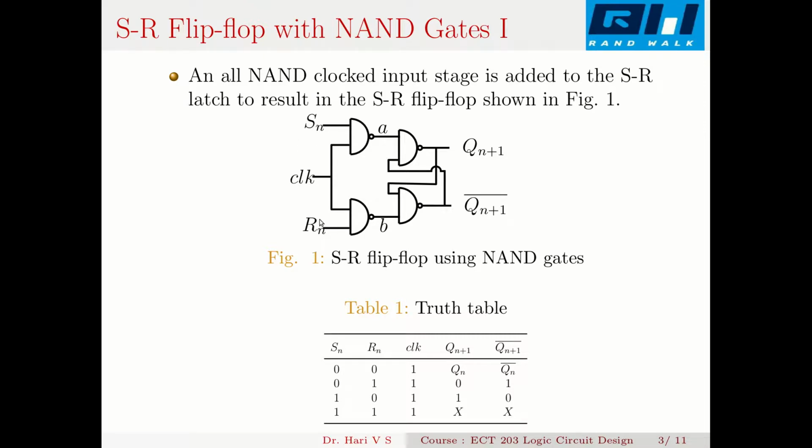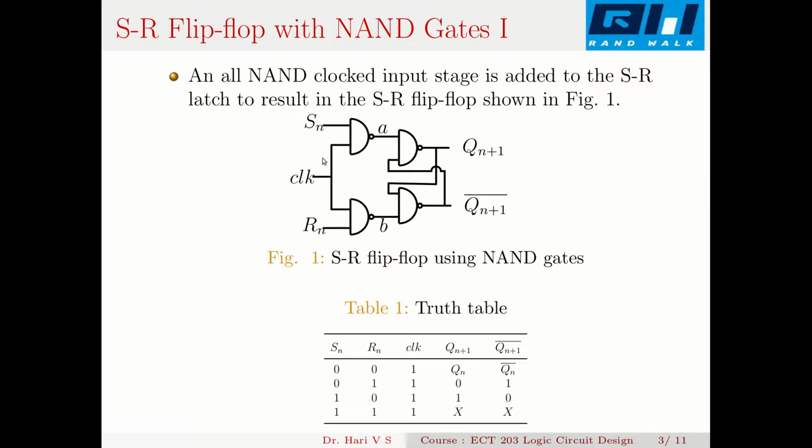And here I give Rn, and the other two inputs are shorted together and a common clock is applied. This common clock can be a pulse signal. Here in the case of NAND circuitry, this clock is a positive going pulse, an active high pulse. So only if this clock is active, this S and R will have some effect on the output Q and Q bar.